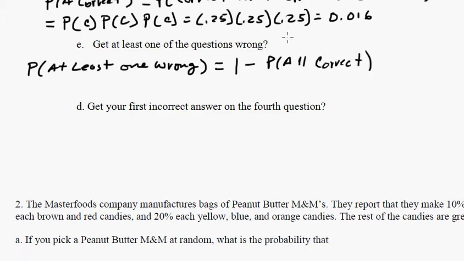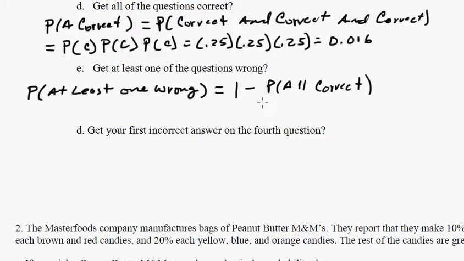Well, we know the probability of all correct. We just did it right up here. So that's going to be 1 minus 0.016, and that comes out to be 0.984.